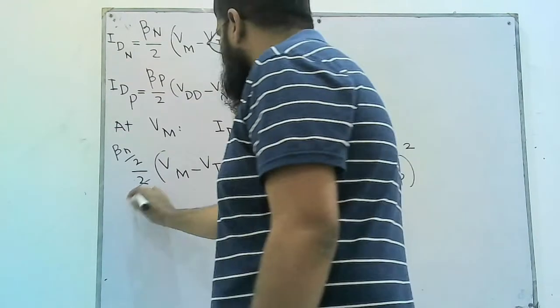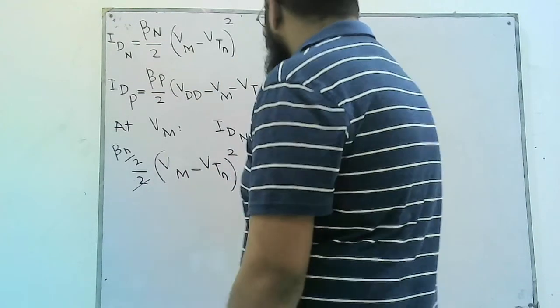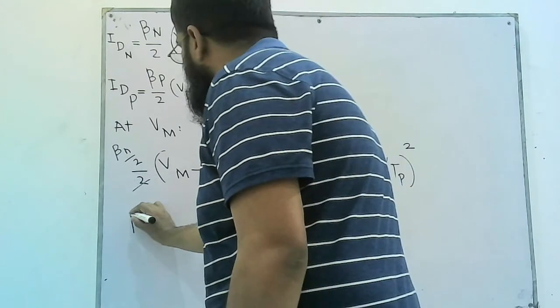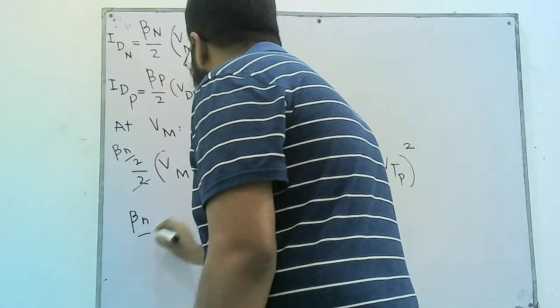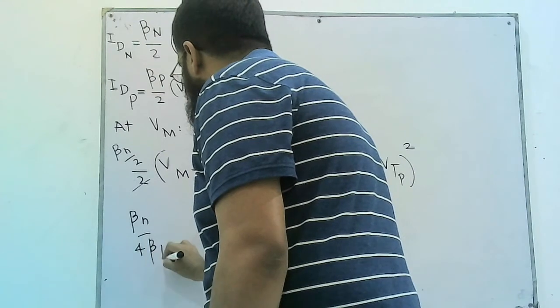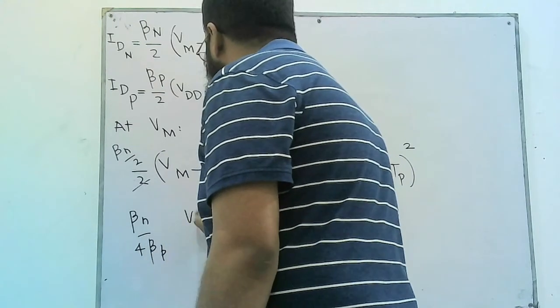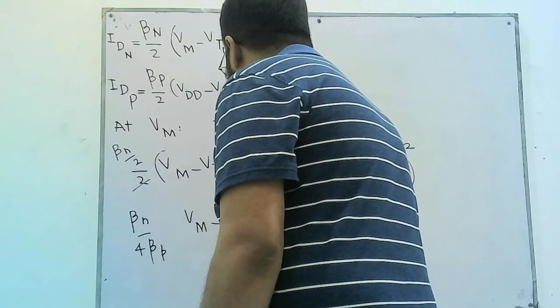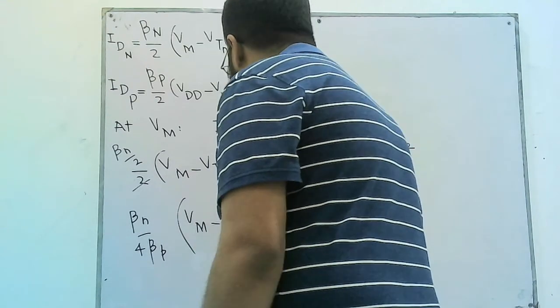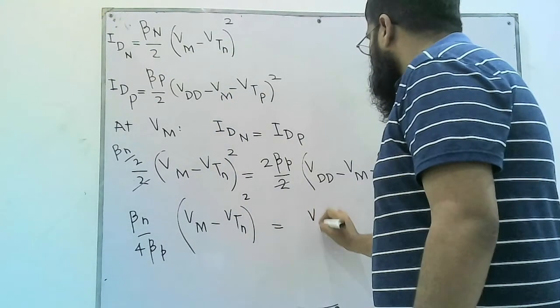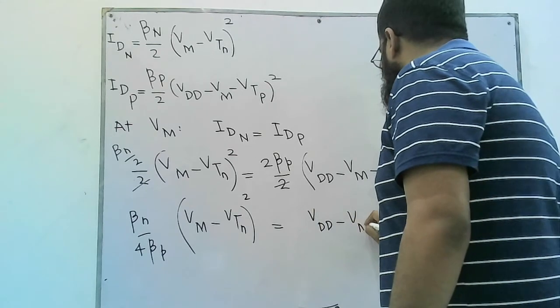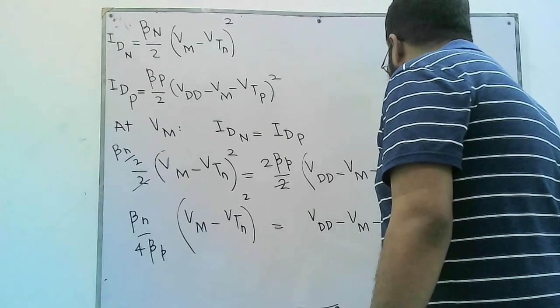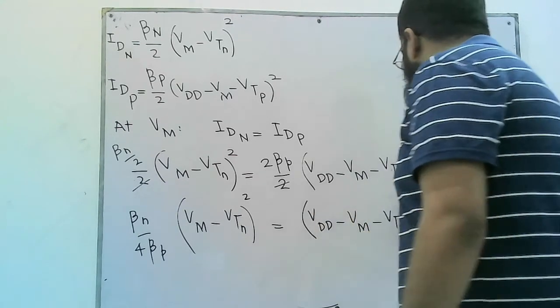The 2 cancels with the 2, and when we divide, it becomes beta n divided by 4 times beta p, times (Vm minus VTN) squared, is equal to (VDD minus Vm minus VTP) squared.